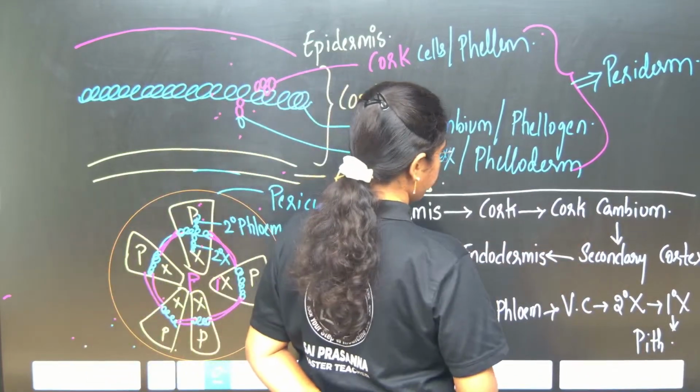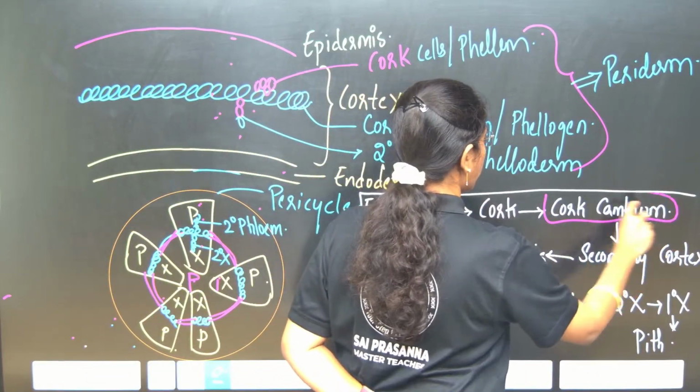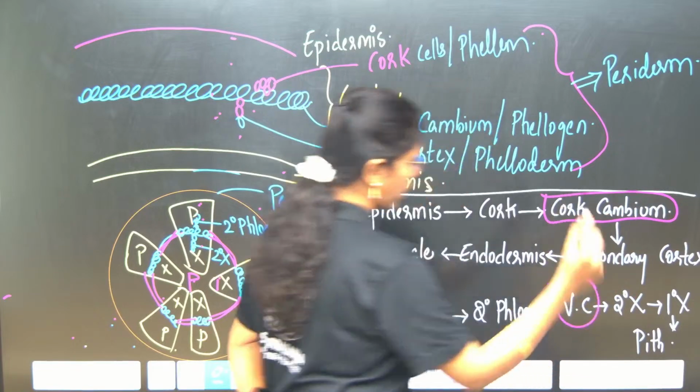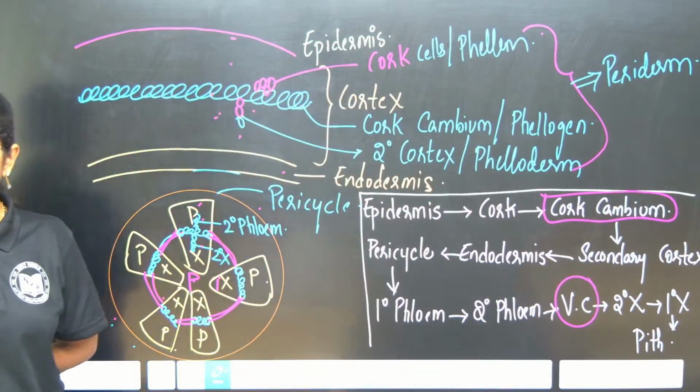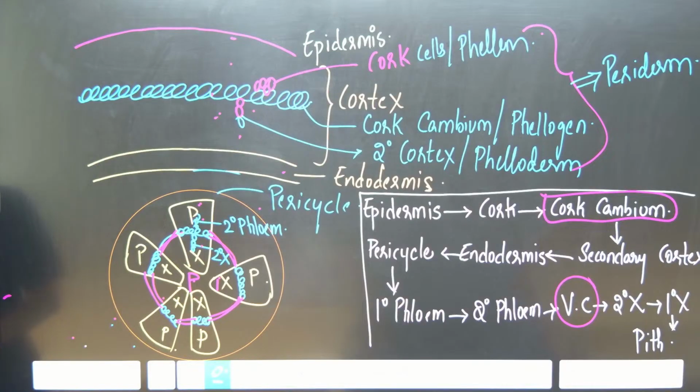Here you can see cork cambium, here vascular cambium. Clear is the flow of secondary growth.